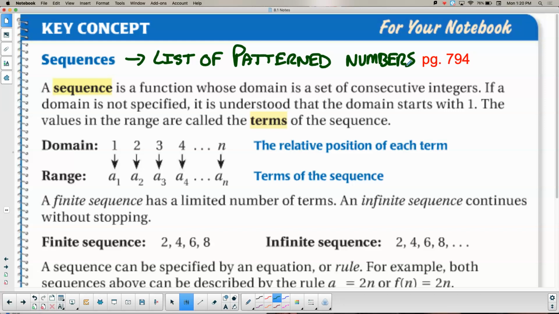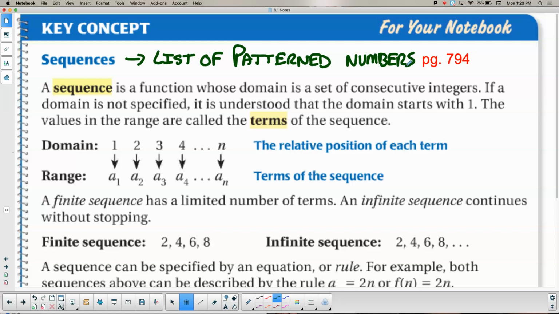There's a specific order, there's a specific pattern that holds for every number within that list. I'm not worried about the domain and the range of a sequence or a series.